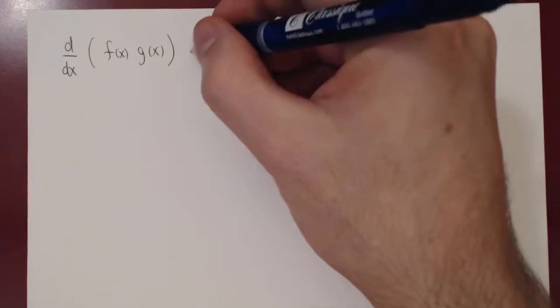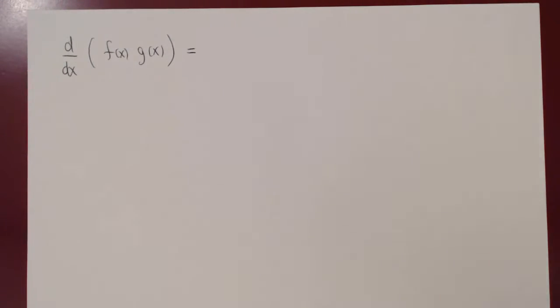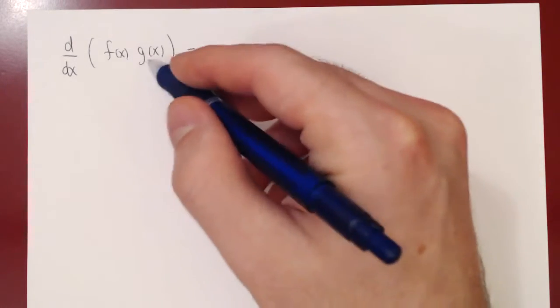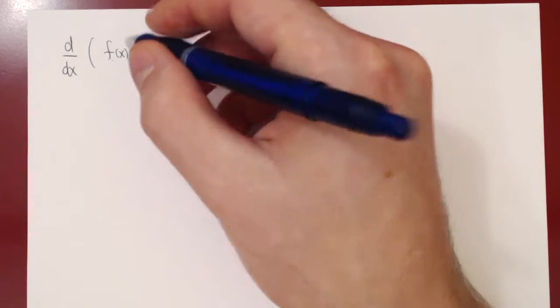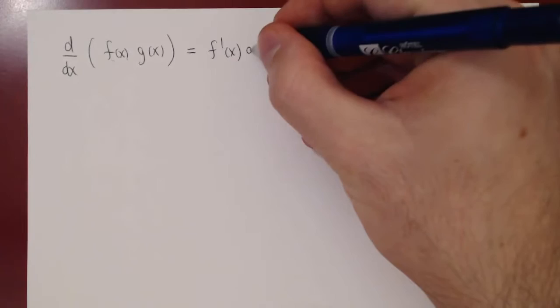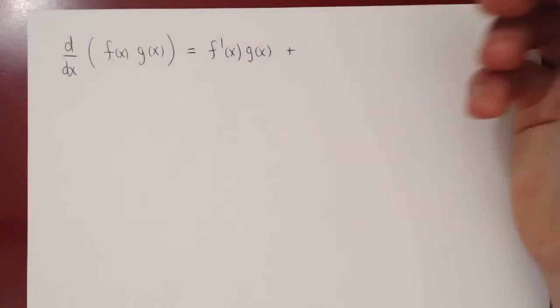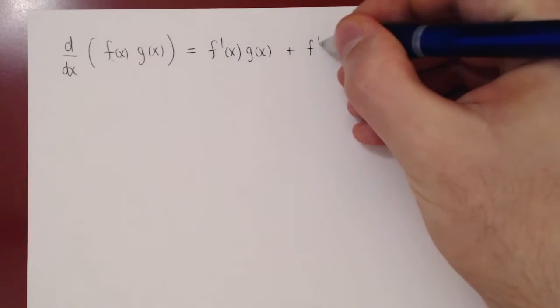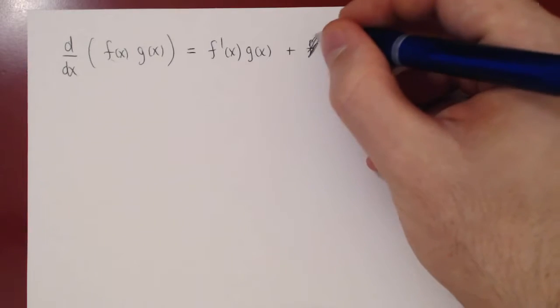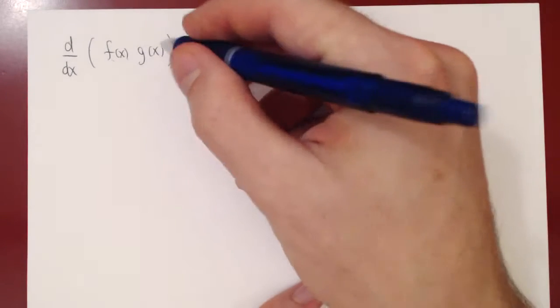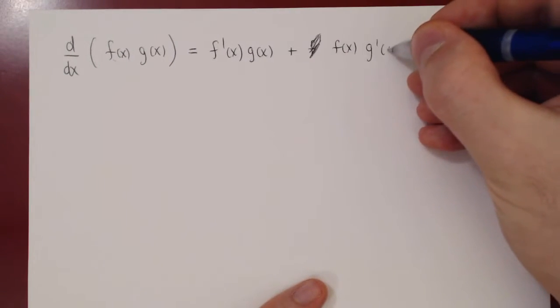And what the product rule says, and again the proof is in the notes that were distributed in class, is that the derivative of f of x times g of x will be the derivative of the first function, f prime of x, times the second function, g of x, plus, and now we flip the derivative, the first function f, times the derivative of the second function, g prime of x.